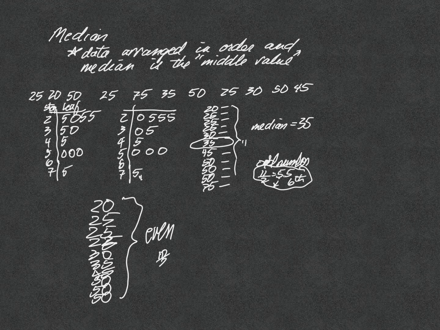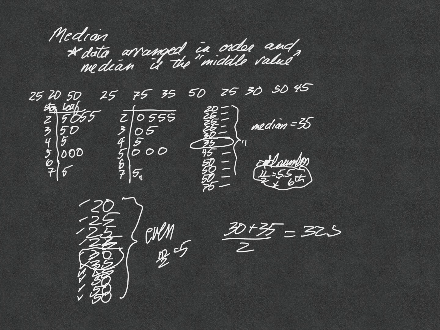If I take 10 divided by 2, that's equal to 5. So I know 1, 2, 3, 4, 5, but then I have 1, 2, 3, 4, 5 below. So there is not one number in the middle, there are 2 numbers in the middle. If that's the case, then you take 30 plus 35 and you divide it by 2, which will be 32 and a half. So this would be considered the median if this was our data instead of the one up there.